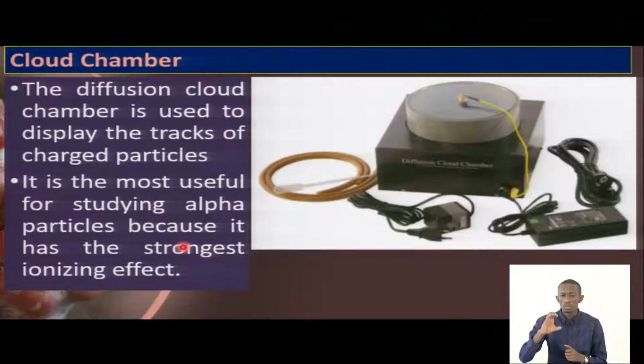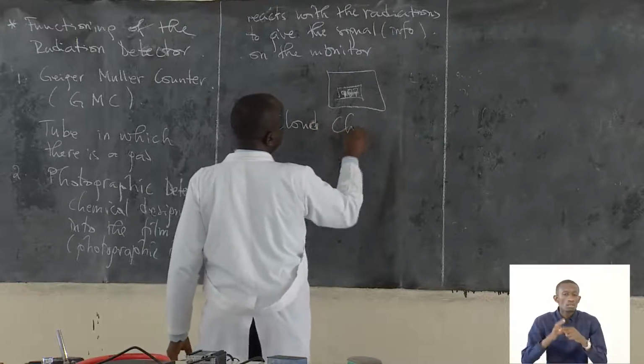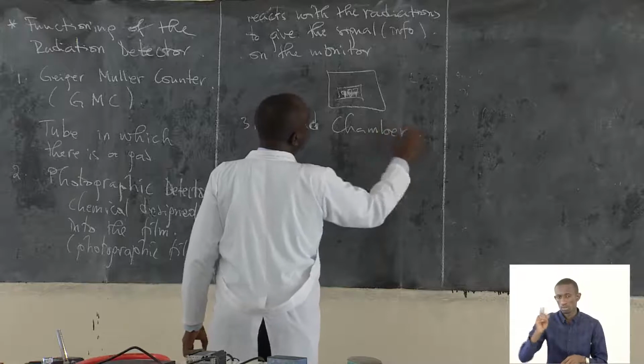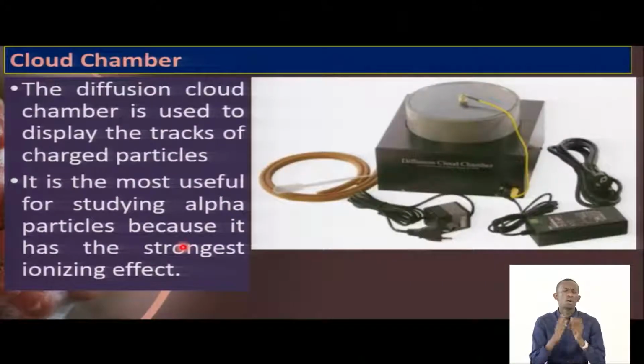The last chamber, there are many, but I hope you can try to find them. So this is the cloud chamber. This one uses the way of tracking. It is being used to track the presence of the particles.